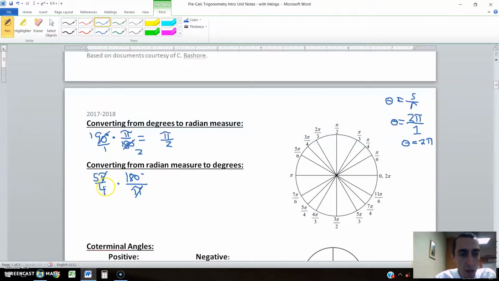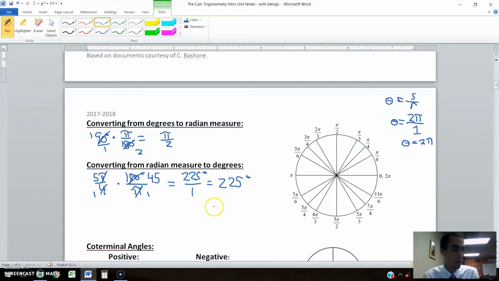Now 180 and 4 both have a factor of 4 in it. That becomes a 45. Then we multiply straight across. 1 times 1 down in the bottom. 5 times 45 is 225. And so that is 225 degrees right there.